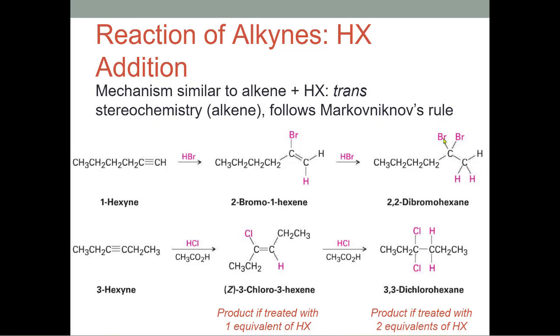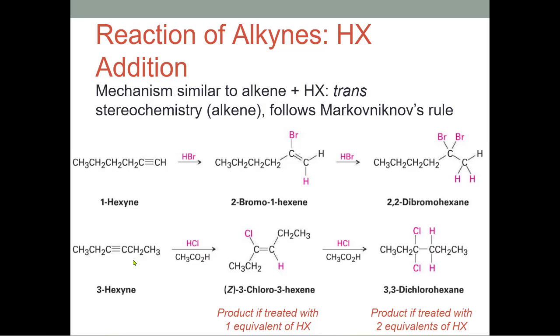Again, just like in chapter 8. So the overall reaction is the alkyne plus two equivalents of HBr to give us what would now be called a geminal dibromide. Geminal is when the two bromines, or the two items, are attached to the same carbon. Vicinal are neighboring carbons. Geminal, in this case, would be the same carbon. This follows Markovnikov's rule.